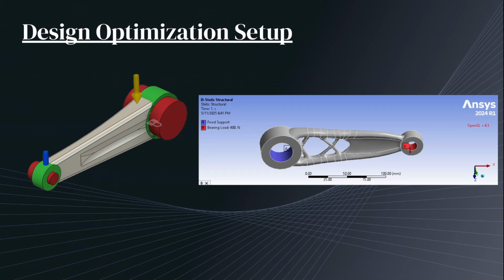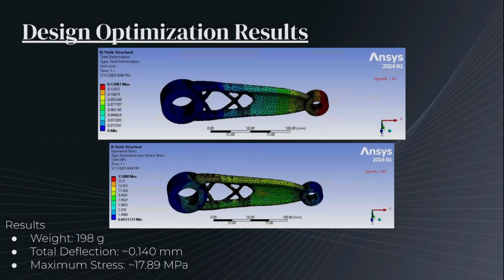Same thing as the original model. Our results showed that we had a weight of 198 grams compared to what we had previously. We found that the total deflection was 0.14 millimeters, and the maximum stress is around 17.89 megapascals.